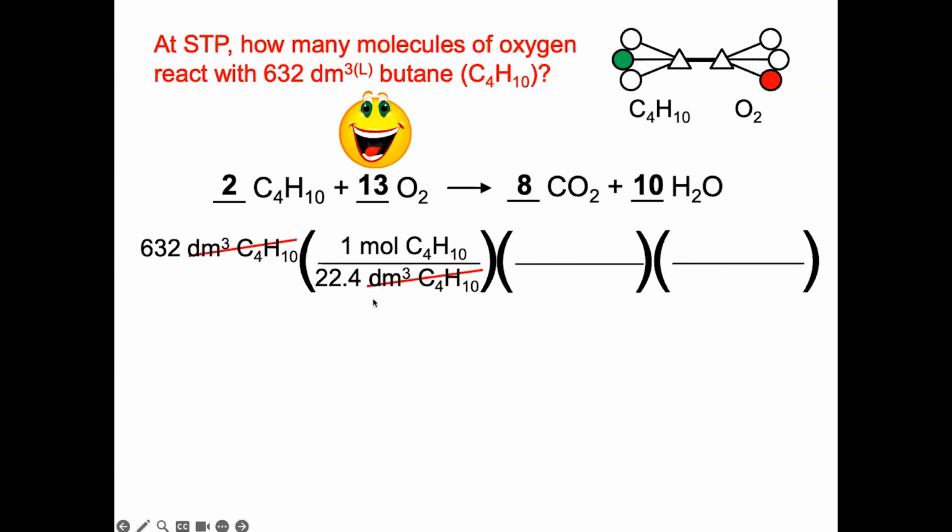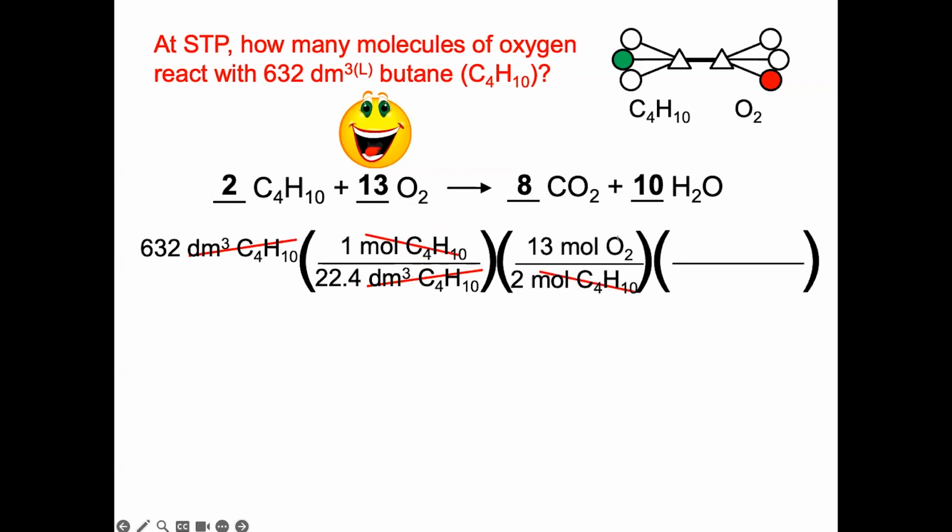Okay. So now all you have to do is, they're asking for oxygen, correct? Oxygen, not the butane, correct? So we know that it's a 2-to-13 ratio. Let's use that, okay? For 2 moles of this, we have 13 moles of oxygen. Is that clear? So now we can get the final moles amount of oxygen.